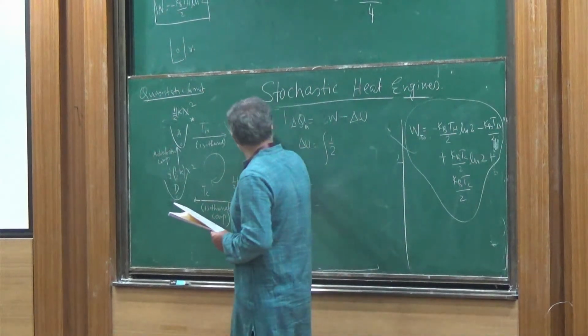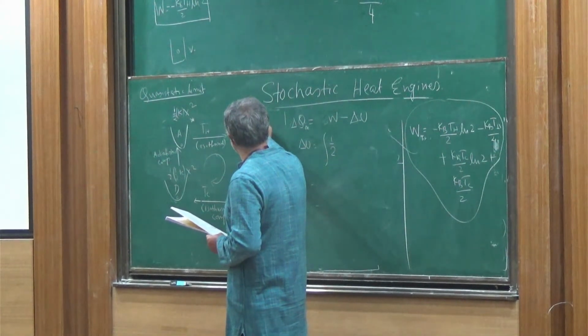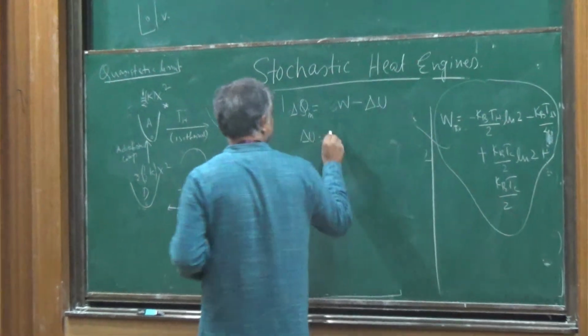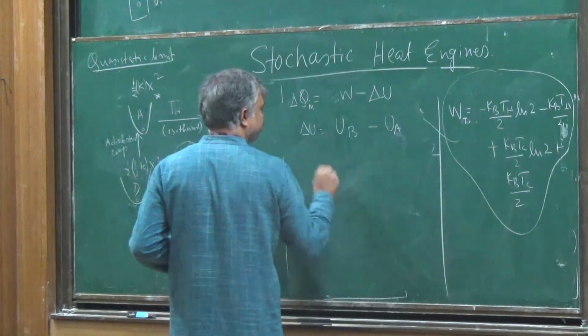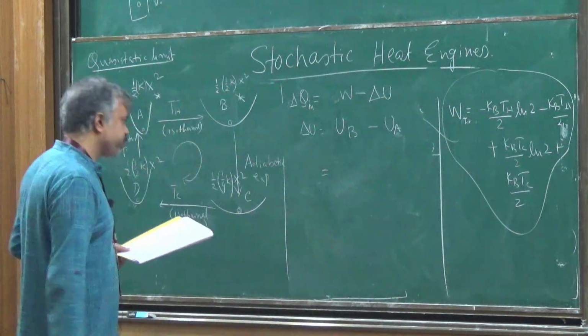This is the point where I am calculating UB minus UA. So what is UB?